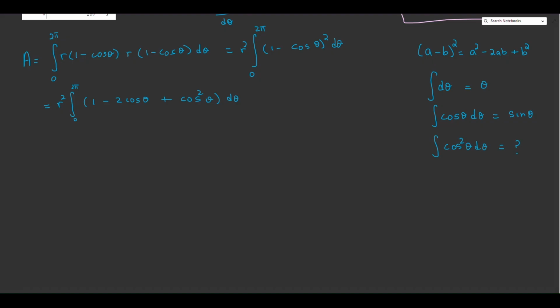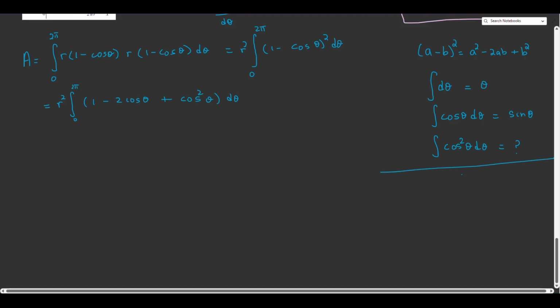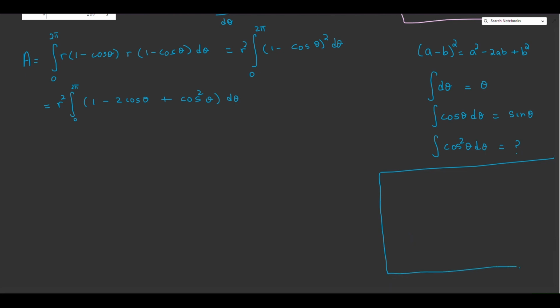So here you need to use the techniques you have learned in calculus 2 to integrate this thing. Here you have to use the double angle identities, which you learned in calculus 2 and also in trigonometry.